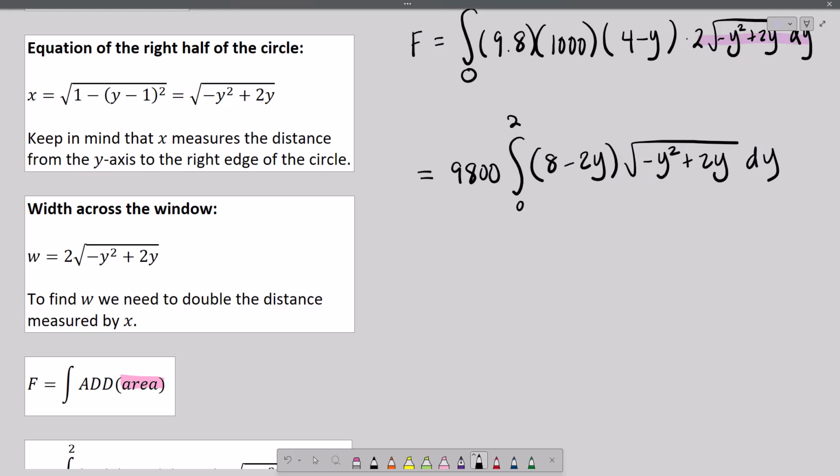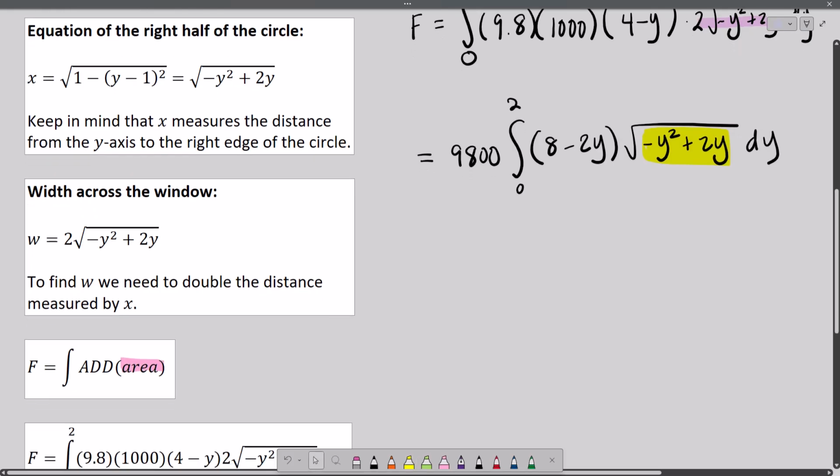And if you're going to do substitution, like we did on Tuesday, you're going to let u be this. And on Tuesday, we did a problem where the derivative of that matched right here. This doesn't quite match. The derivative is negative 2y plus 2, but we have a negative 2y plus 8. So that's our setup, though. That's what the problem asks us to do.